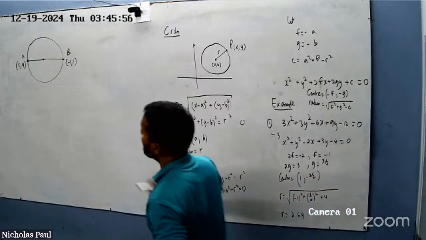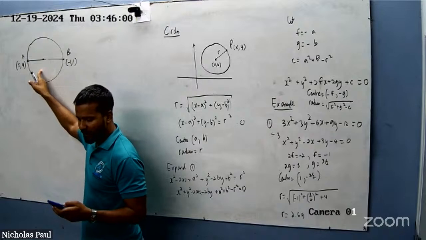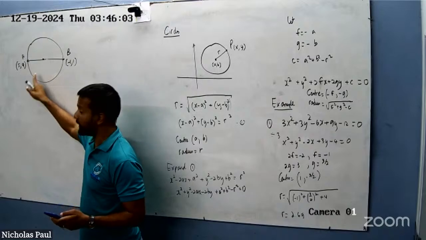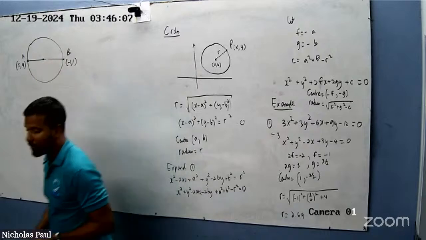So what do you need to get? Keshav, what do you need to get? You need to get the midpoint and then the length of the line, right? Go ahead. Find that fast.